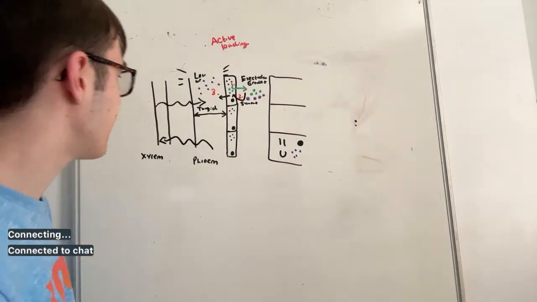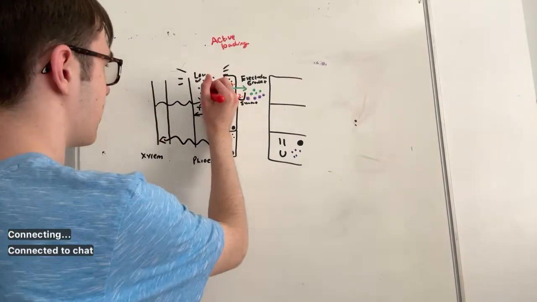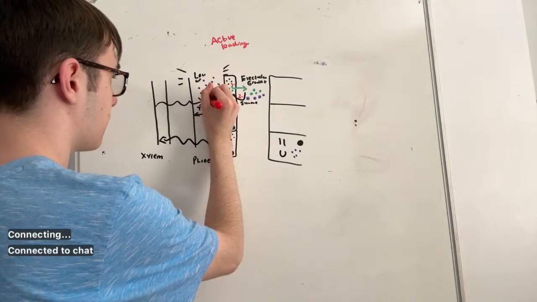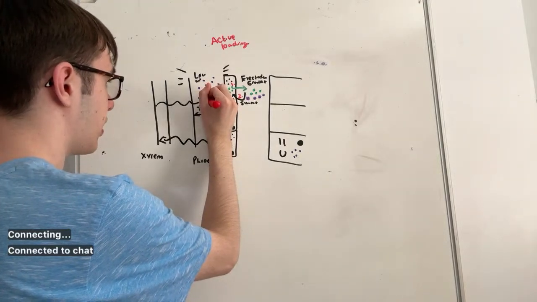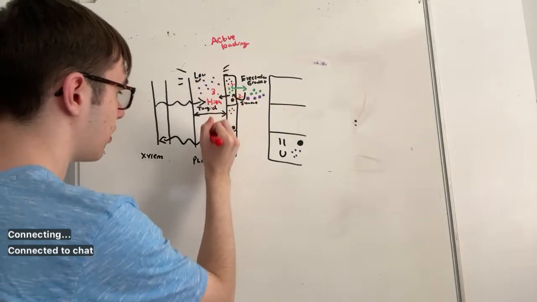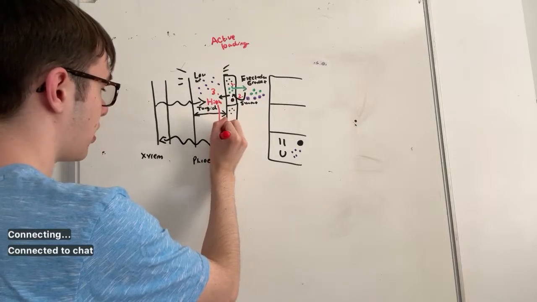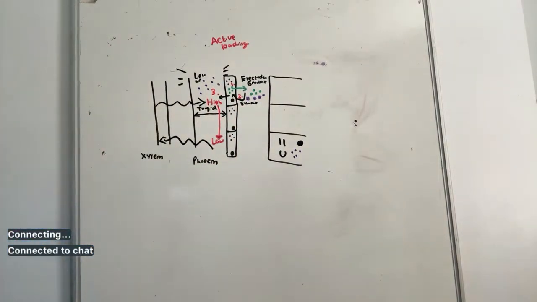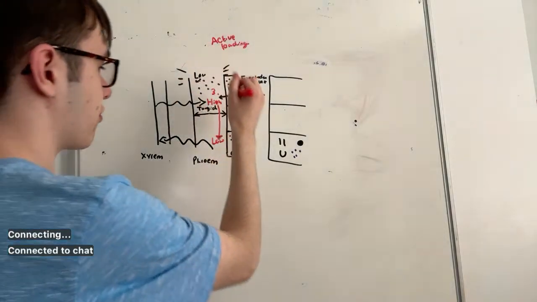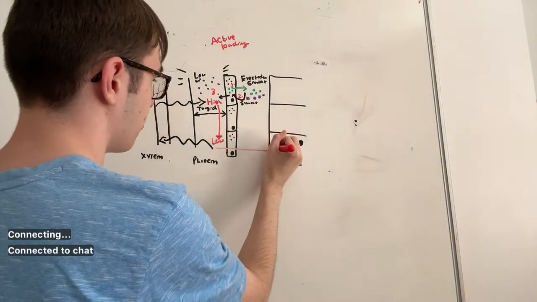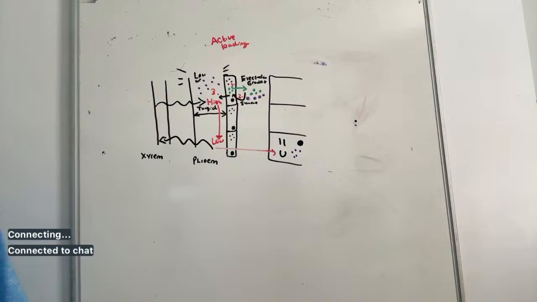So you have a high pressure here, a low pressure here. It moves from an area of high to low turgid pressure, and that's how you get your sucrose going into the sink cells. Right. I know that I've definitely explained that wrong to some degree, but that's what I can remember.